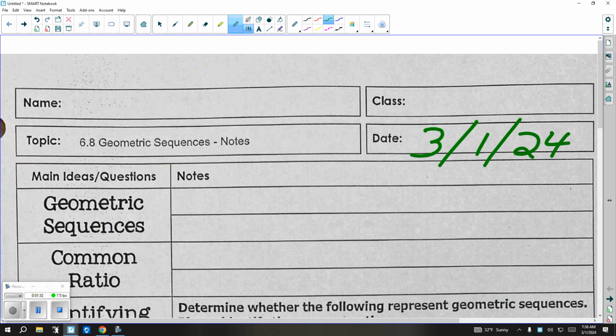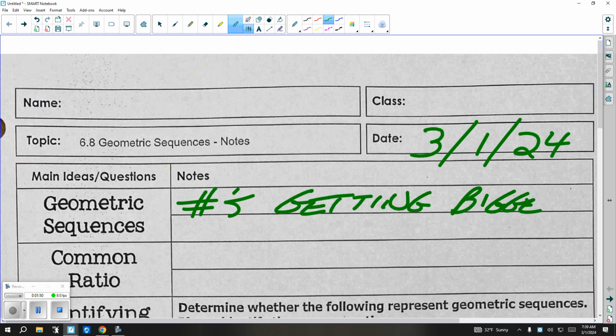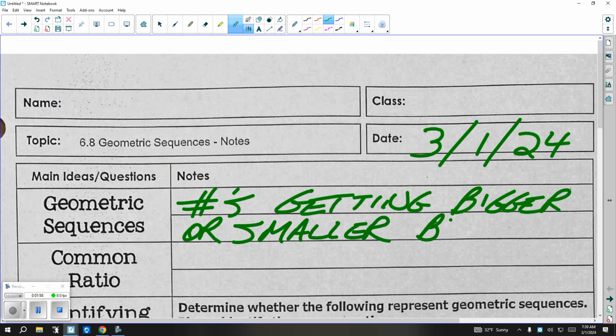Okay, here we go. Geometric sequence is just numbers getting bigger or smaller by multiplying or dividing, okay?